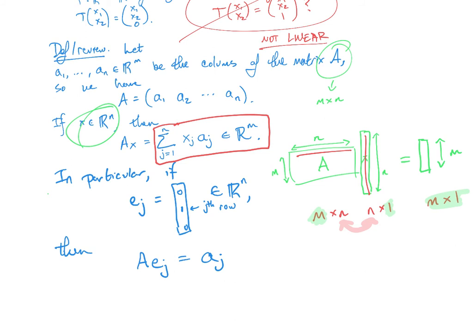So we might even want to think about this the other way around. It's an equality. You can read it whichever way you want, but what I'm saying is you can think about this as how you define the AJ, right? The jth column is the action of the matrix on EJ. Okay.